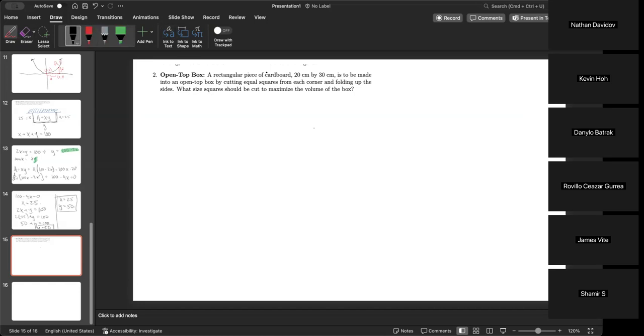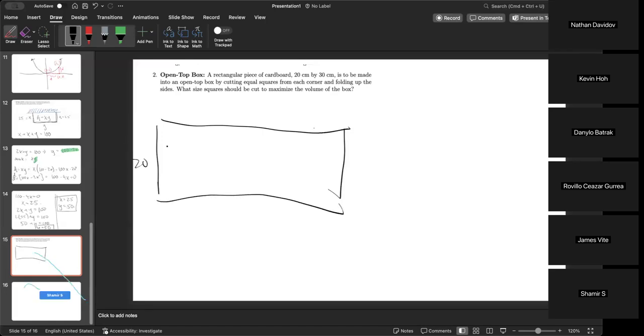Okay, so I have this cardboard, which is 20 by 30. And so that means that this is 60 centimeters squared. And we want to turn this into an open top box.